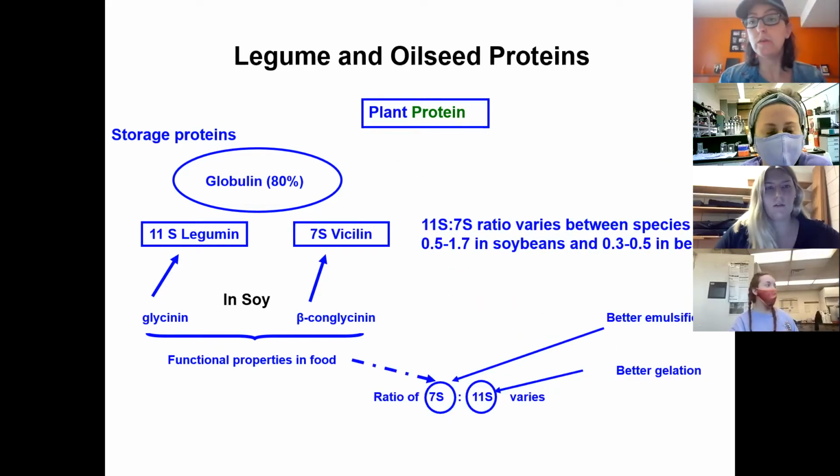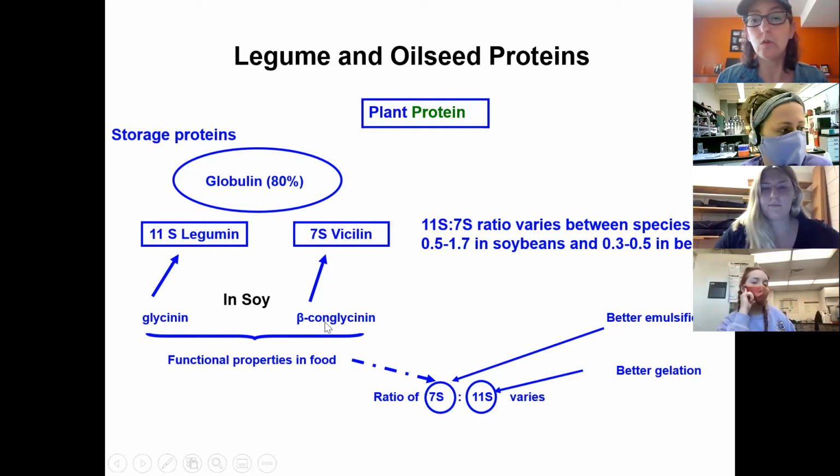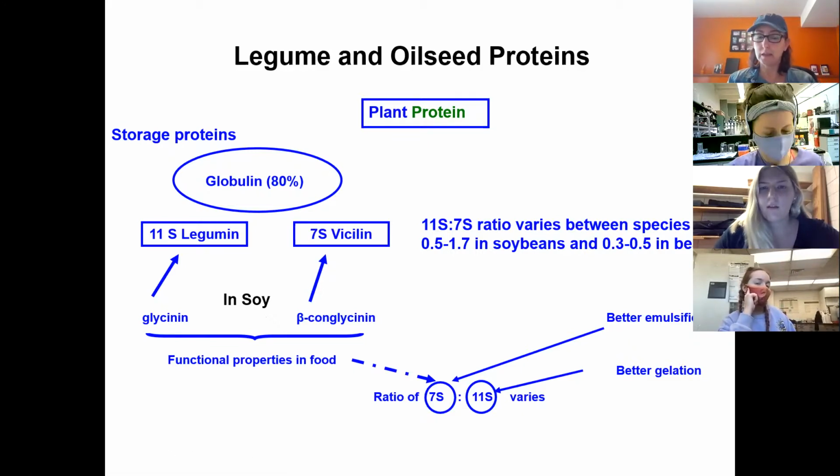So the ratio is very important in terms of functionality. The 11S is known to have better gelation characteristics because it has more disulfide linkages.